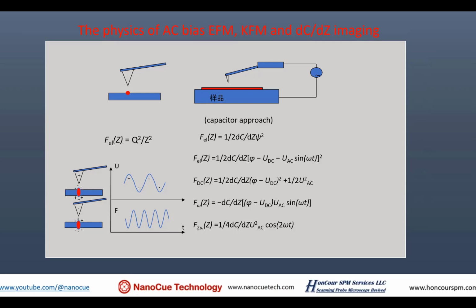Productivity, yes, yeah. Okay, so in layman's terms, when we apply an AC voltage to the tip, when the tip is on the positive, it will polarize the sample, negative, positive. When the tip reaches a negative peak, it also polarizes.